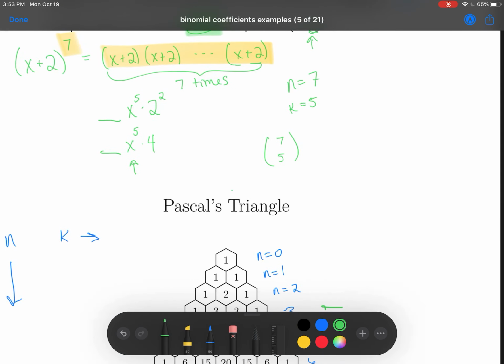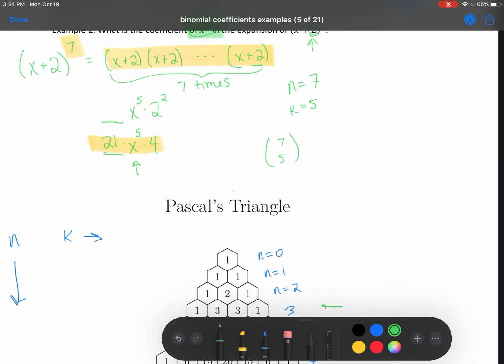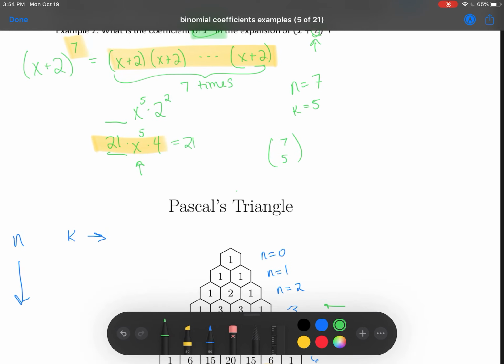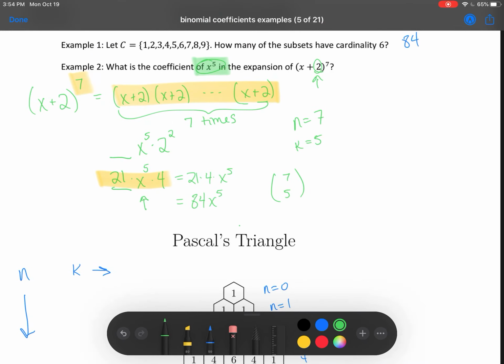So that means there's a 21 hanging out right here in front of this x to the 5th. But we want to know what is the coefficient of x to the 5th. Since we have 21 times x to the 5th times 4, that would really be 21 times 4 times x to the 5th, and 21 times 4 is 84, x to the 5th. So our answer here to what is the coefficient of x to the 5th in the expansion of x plus 2 to the 7th is also 84.